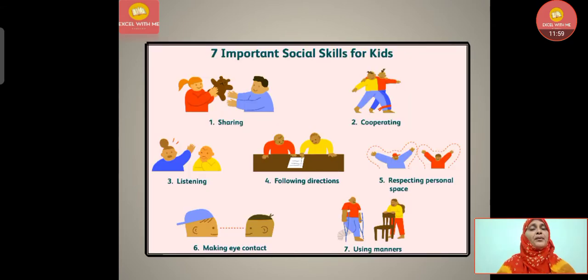So, there are 7 important social skills for kids that teachers and parents need to understand and help them to grow.